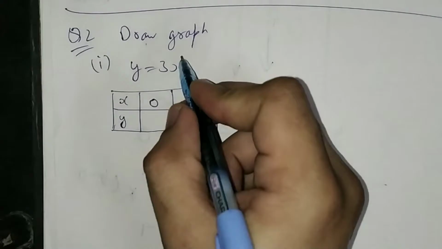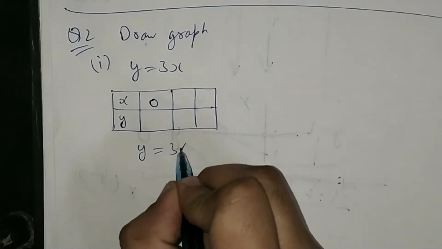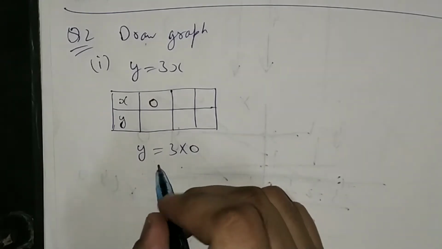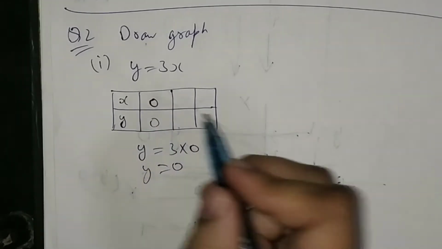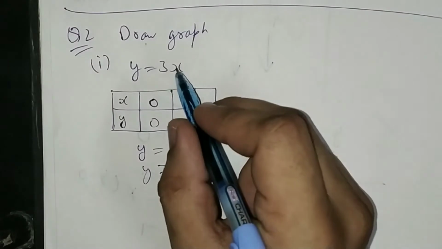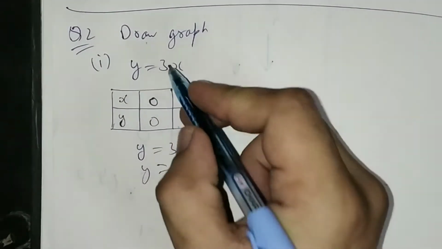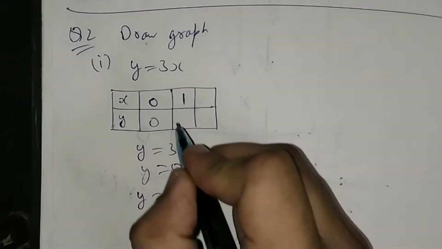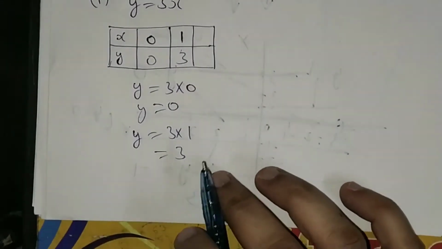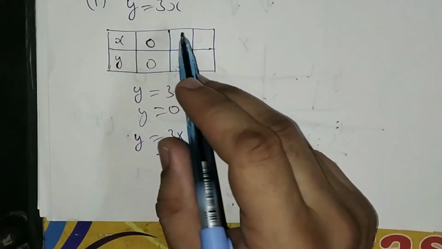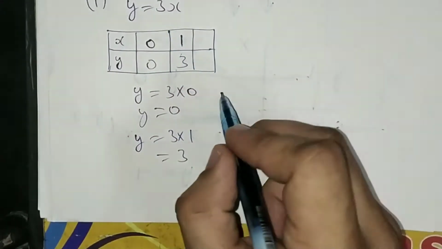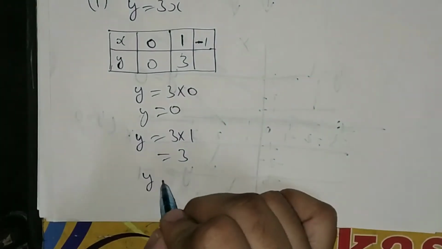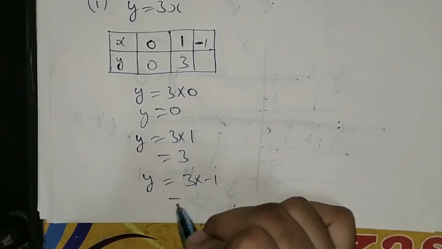If x is 0, then y is equal to 3 multiplied by the value of x, which is 0. 3 multiplied by 0, y is also 0. Then we will put x equal to 1. If x is 1, then y is equal to 3 into 1, that is 3. Now we can put the value of x equal to minus 1. If x is minus 1, then y is 3 into minus 1, that is minus 3.